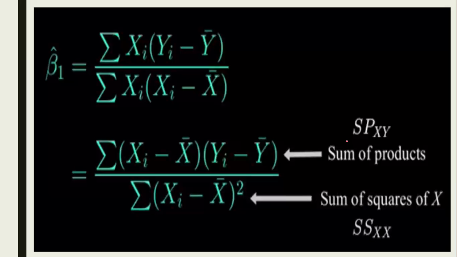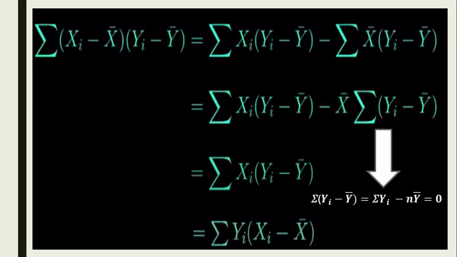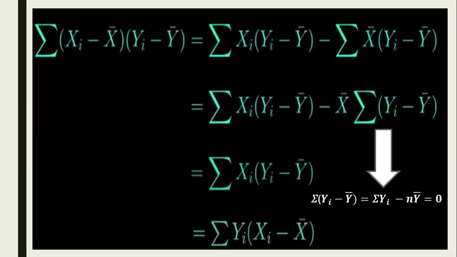That identity comes in very handy in some proofs and calculations. Looking at this form of the sum of products, we can multiply through the equation by the second term splitting up the first term. Now since x bar is a constant with respect to the summation, it can come outside the summation.